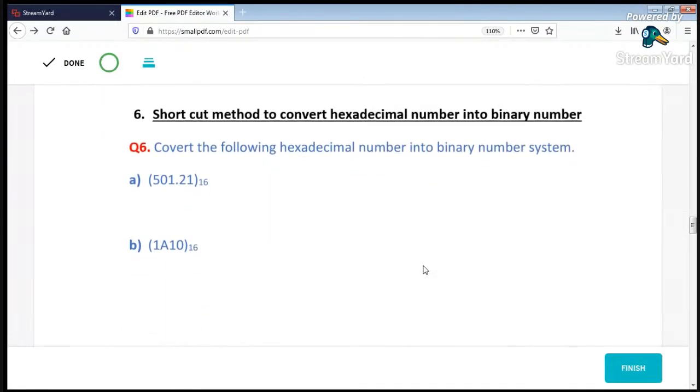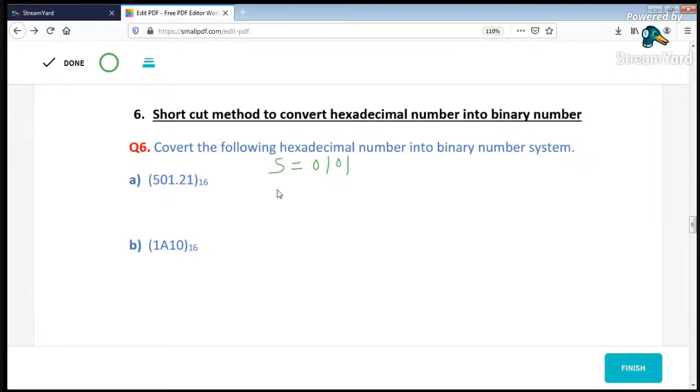Last method: the shortcut method to convert a hexadecimal number into binary. The question here is how to convert hexadecimal into binary. Remember, in hexadecimal every symbol is represented by 4 bits. For 5, this is a hexadecimal symbol because this number is given in base 16, so 5 in 4 bits we can write as 0101.